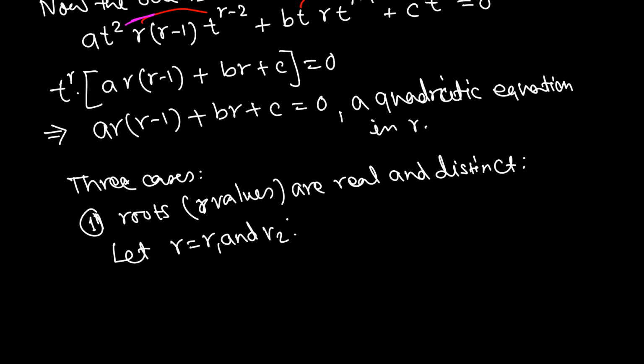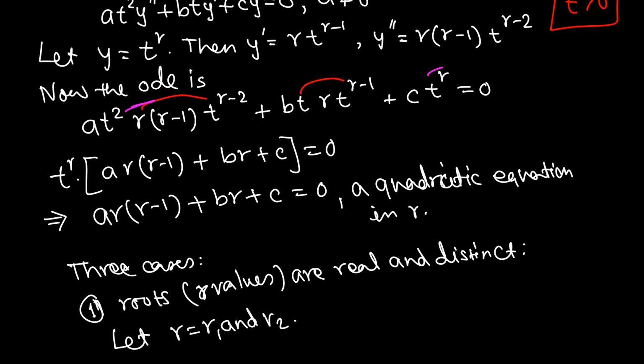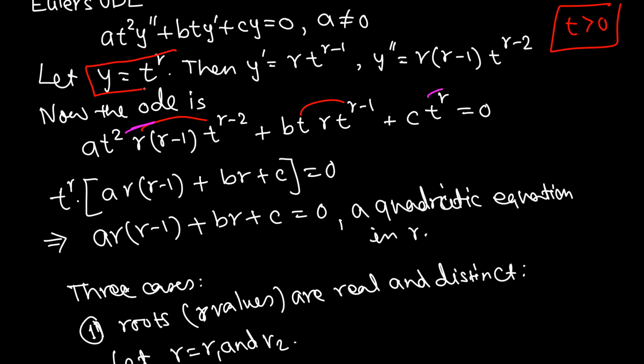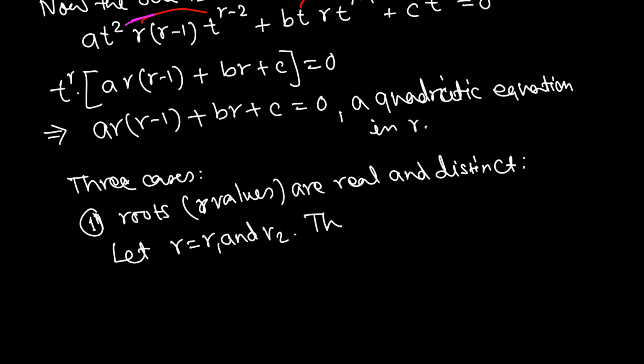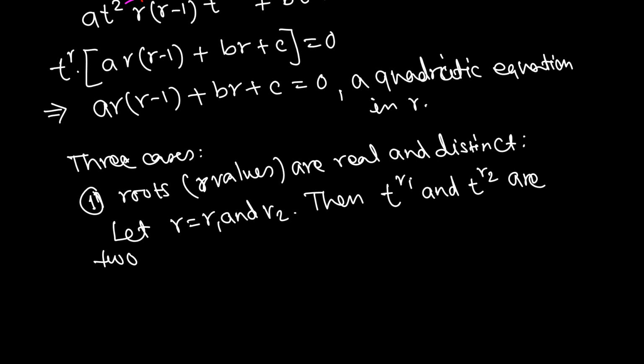In this case our solutions are just, if we go back, what is the solution we assumed? t raised to r. So we get two solutions, t raised to r1 and t raised to r2. Then t raised to r1 and t raised to r2 are two linearly independent solutions, because r1 and r2 are different.